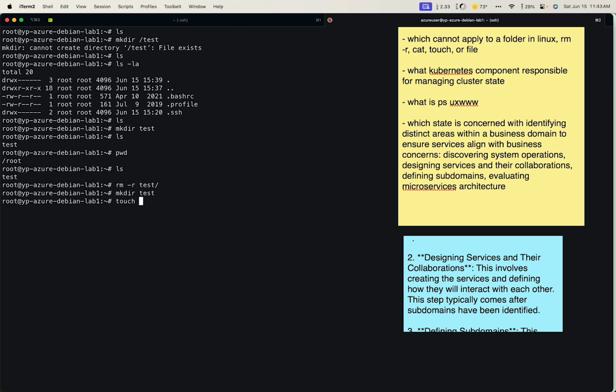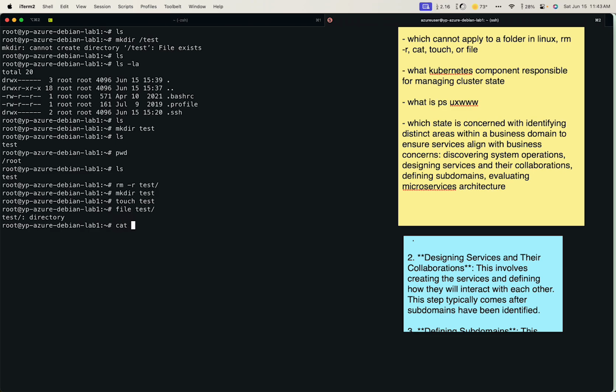I've also touched test, and touching a directory or a file in Linux essentially updates the timestamp. And then there was file. So I kind of was like, can you run a file on a directory? And yeah, you can. You run file on a directory, it just says it's a directory.